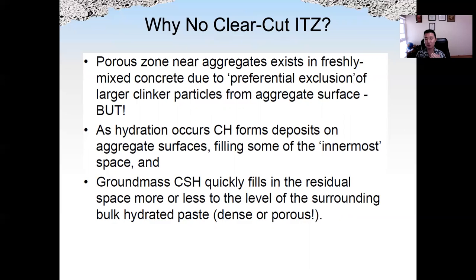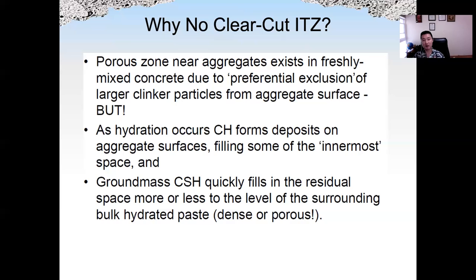Compared to the size of cement clinker, the sand and the coarse aggregate are much larger. It is like a wall to the cement particles. Due to particle packing theory, around the wall of the aggregate surface we have fewer larger clinker particles near the wall. That causes an intrinsically higher porosity on the surface of the aggregate.